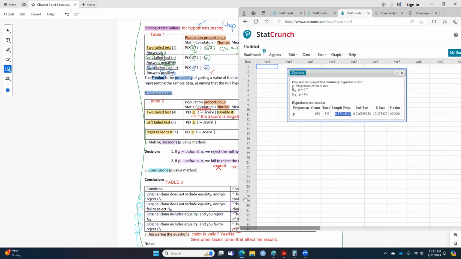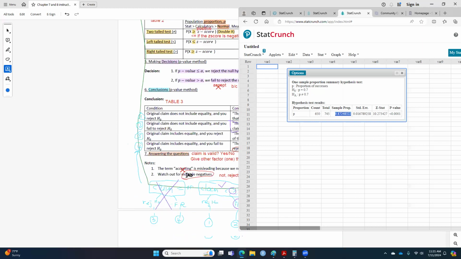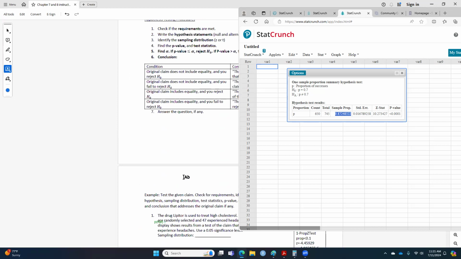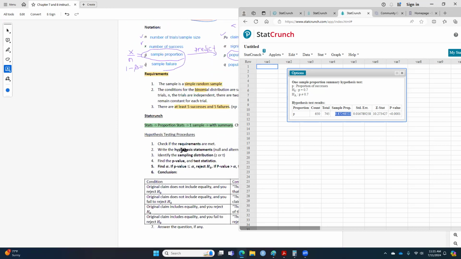So in the results, you will get the p-value, and also you will get this z-stat. This z-stat is called the test statistic. Let me repeat. The p-value is on the very end. The one before that is called the z-stat. It's called the test statistic.